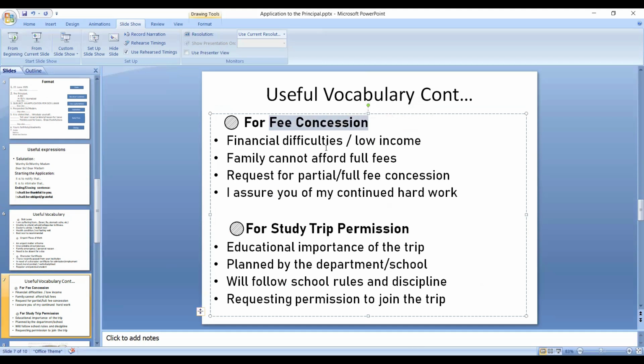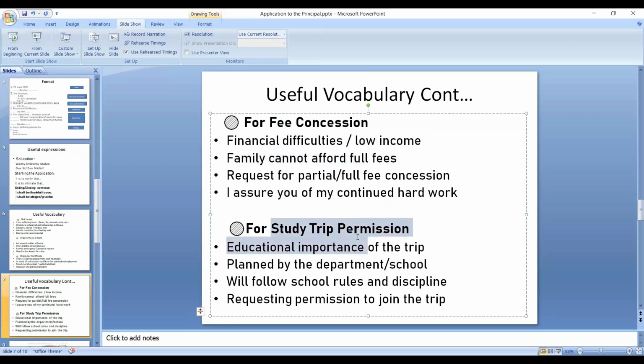For fee concession, some of the vocabulary might include financial difficulties or low income, family cannot afford full fees, request for partial or full fee concession. I assure you of my continued hard work.